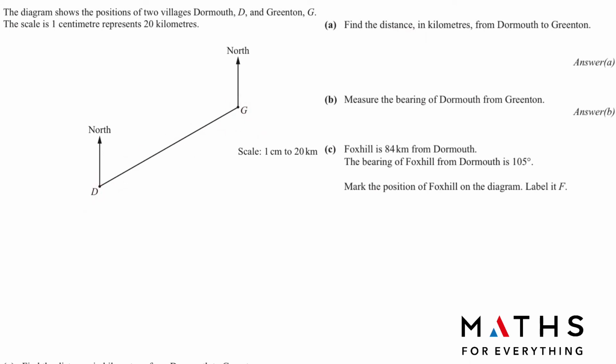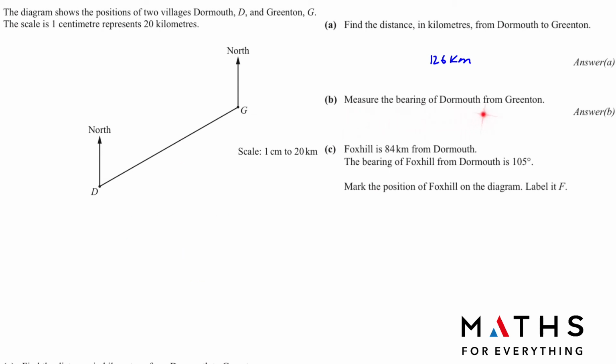Measure this and we will get 6.3 centimeter. 1 centimeter is equal to 20 kilometers. So 6.3 is equal to how much? We cross multiply, x is equal to 6.3 multiplied by 20. We'll get 126. So 126 kilometer is the answer.